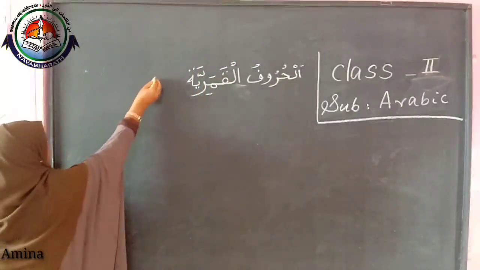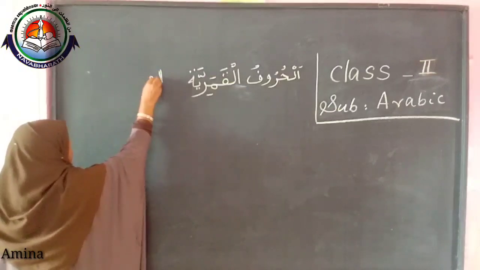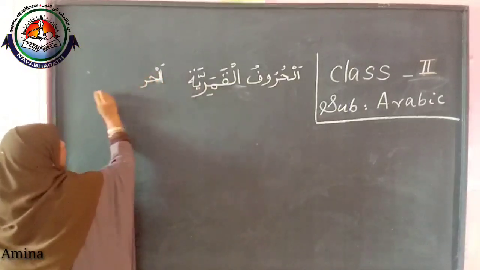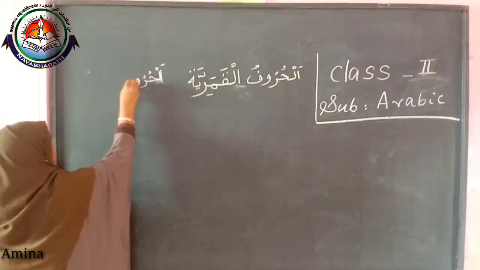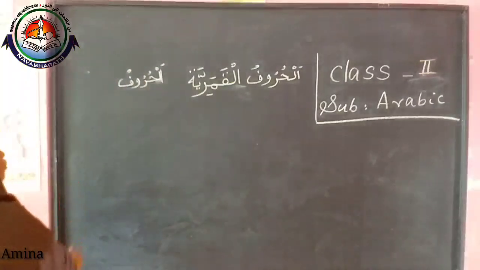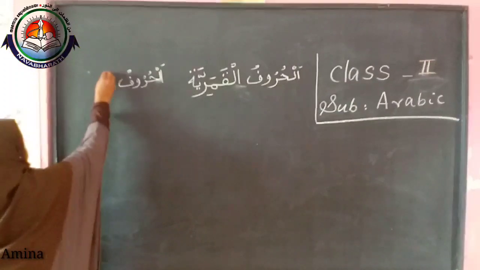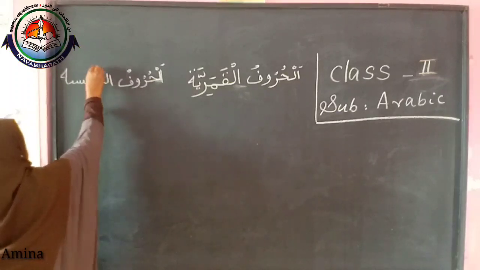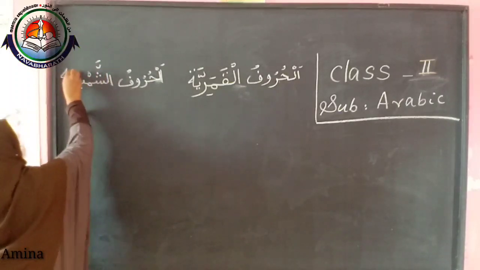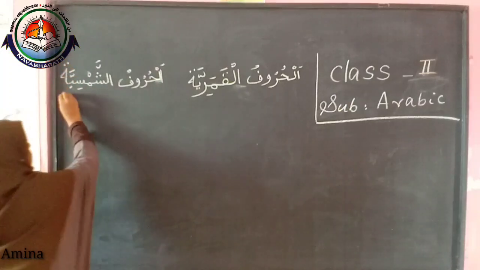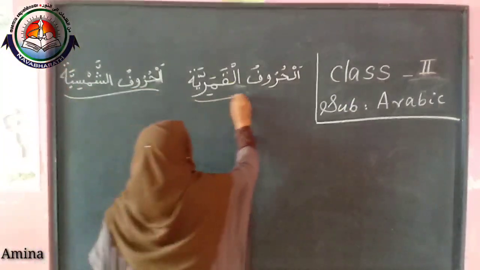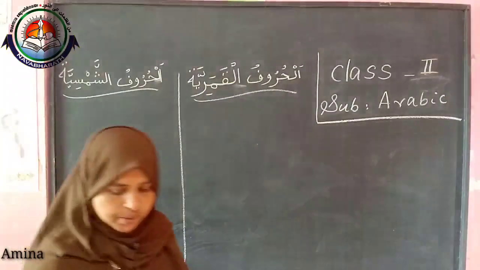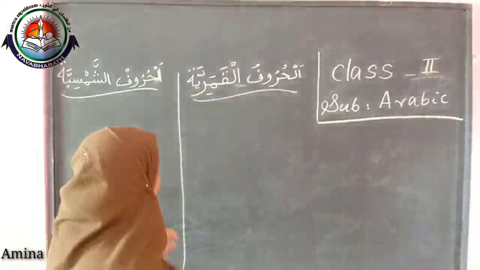Okay, then al-huruf al-shamsiya. Al-huruf al-qamariya and al-huruf al-shamsiya. We can divide like this and we can draw a big picture of sun or moon here.